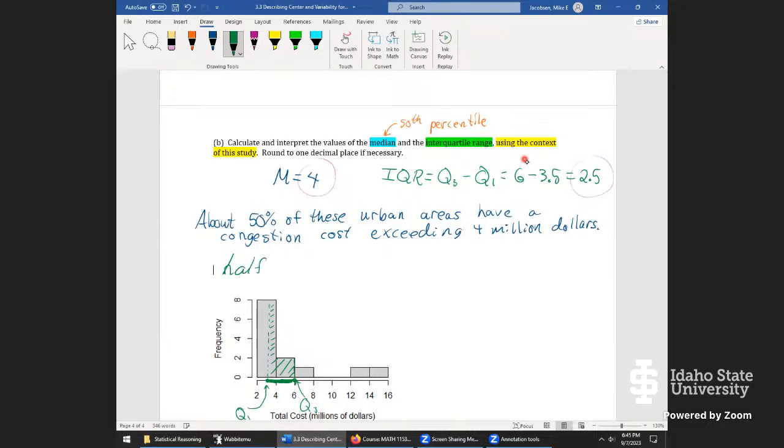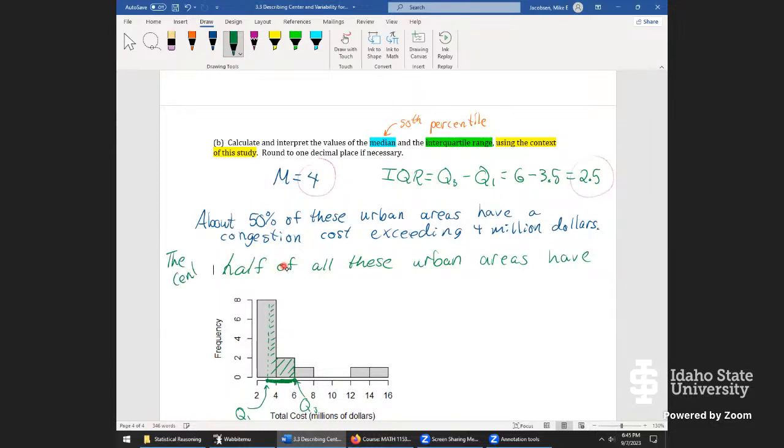Half of all these urban areas have, let me consider this sentence one moment. It's not feeling grammatical. I want to put in front of half the central.